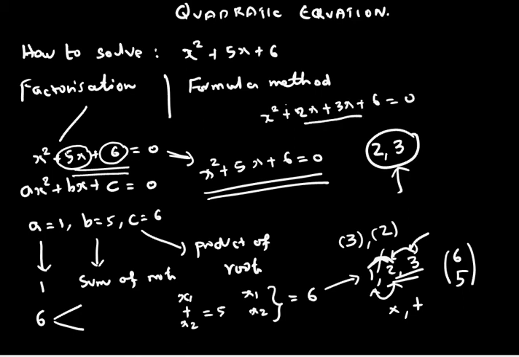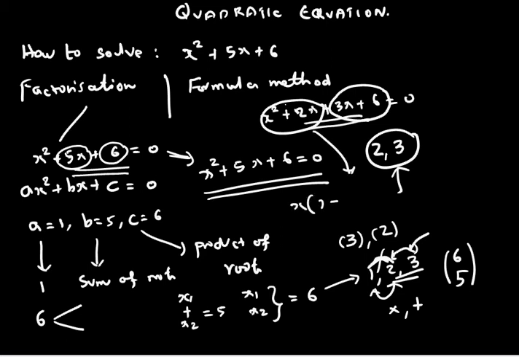Now we need to combine these terms: x squared plus 2x, and 3x plus 6. If we factor x out from the first pair, it gives us x plus 2, and from the second pair we can factor 3, giving the same x plus 2, equal to 0.